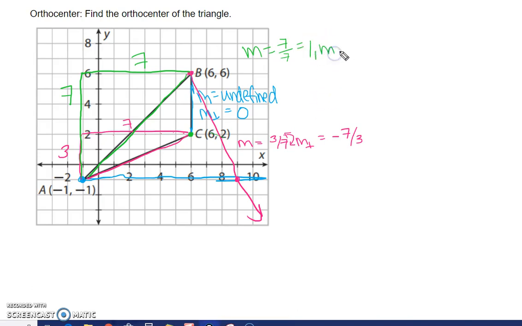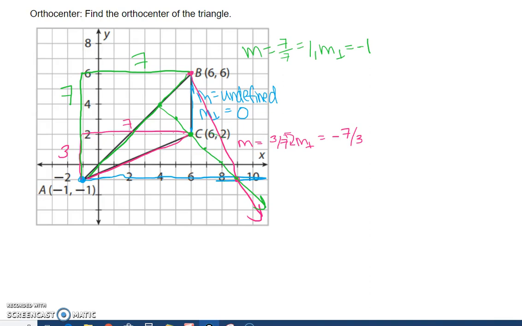So the slope of the perpendicular line is going to be the opposite sign and switched. Well, 7 over 7 would still be 1. So my slope is negative 1. So from point C, I'm going to go down 1 to the right 1, down 1 to the right 1, down 1 to the right 1. Ooh, all three of my pretty lines intersect. And that's where it would touch the side.